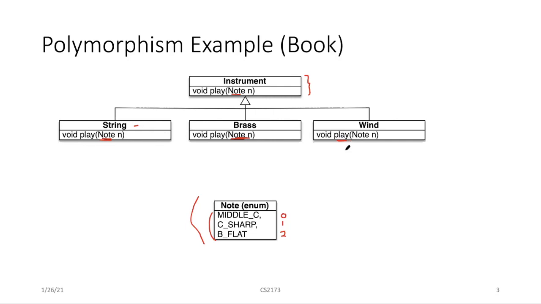method is defined in each of the subclasses here, you can look to the book for what the actual code is, but that isn't the important thing here. The important thing is that because the diagram says that string has a play note method, that means that string is going to override this play method, and string will have its own, and likewise brass and wind.